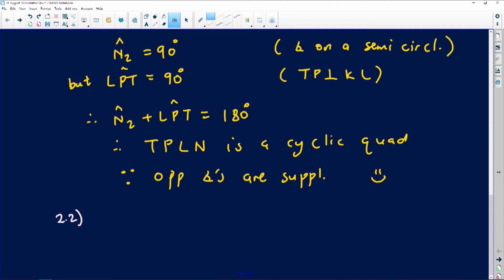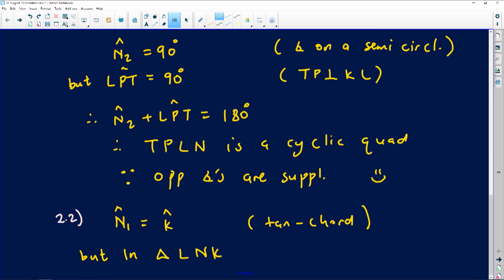We're now doing 2.2. So I'm going to first of all say, okay, this angle N1 we are looking for is equal to angle K. The reason for that is this is a tan-chord relationship, right? But what is the story with angle K and x? In that triangle that you guys had there, the big right-angled triangle I spoke about, triangle LNK, we have a 90-degree angle there.